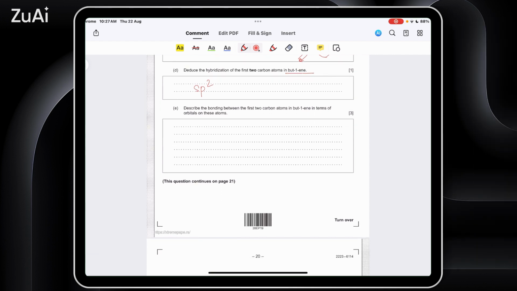Describe the bonding between the first 2 carbons in terms of orbitals. So always remember, in sp2, if we check the double bond, look at this. Since it is sp2, now the sp2 overlapping will give the sigma bond because that is head to head overlap.